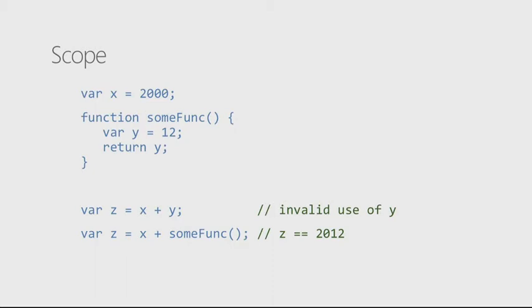That means it's not accessible outside of the function in terms of accessing that actual variable directly. However, because we returned y in the function, that's why the next line of code is valid: x plus sumfunc, executing it, which returns the value of y. That's the example there of retrieving that hidden value without actually getting to the specific variable name. So, a very simple discussion there on one level of scope.